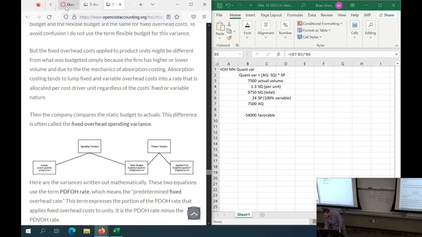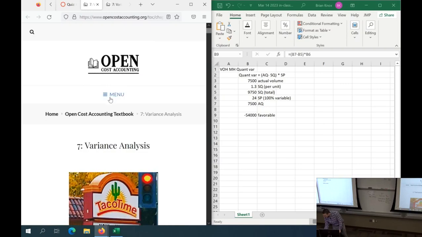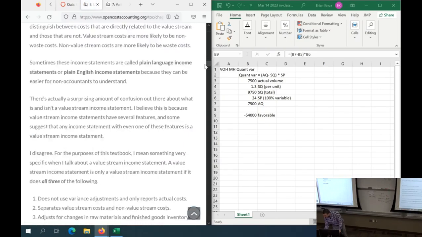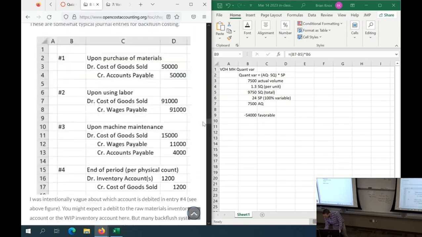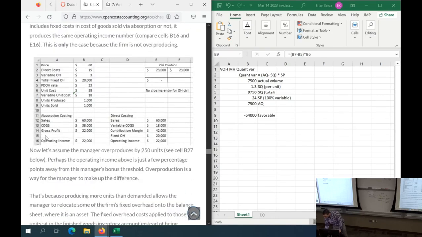Let me pull it up right now, actually. It's one of these images, so I can get to it pretty quickly. Okay, so it leads to an incentive to overproduce. We have this $20,000 of fixed overhead. You won't be able to go through it all right now.